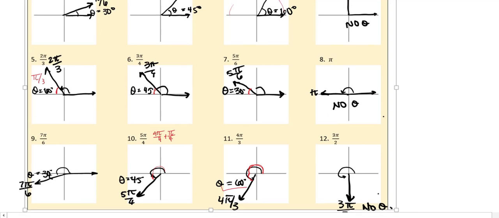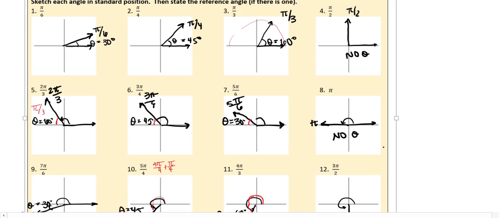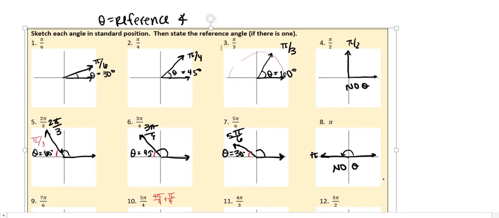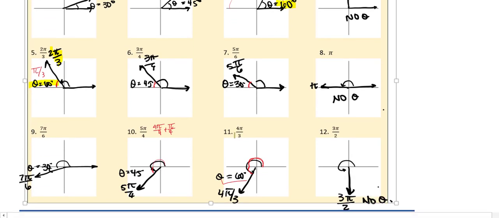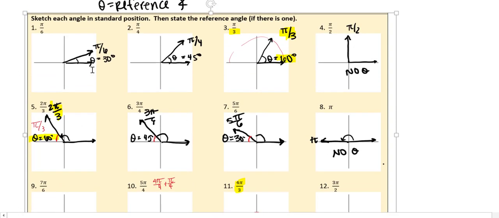Quick recap right here, you guys, is you should start noticing a few patterns. Every single time I have a pi over 3, so there's a third, there's a third, there's a third, my reference angle is 60. Every single time I am given a fourth, my reference angle is 45.